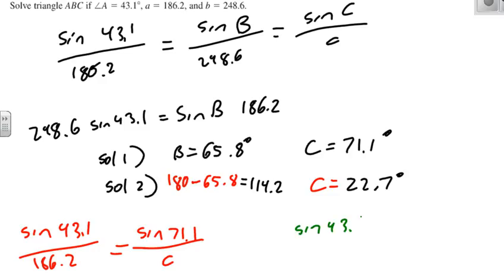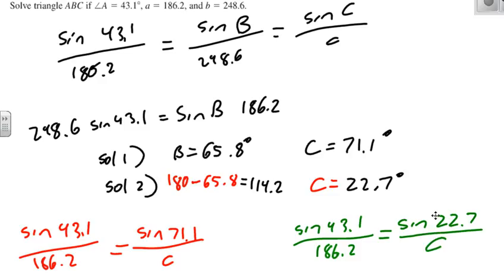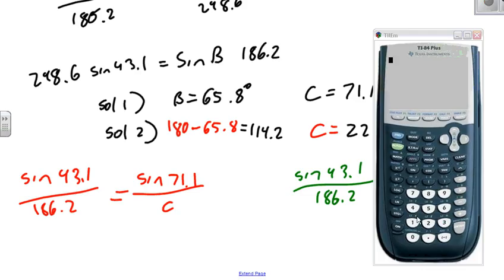We could have sine of 43.1 over 186.2 equals our other angle C, sine of 22.7 over C. So when you cross multiply, we'll solve the one over here in red first. 186.2 times sine of 71.1 divided by sine of 43.1.